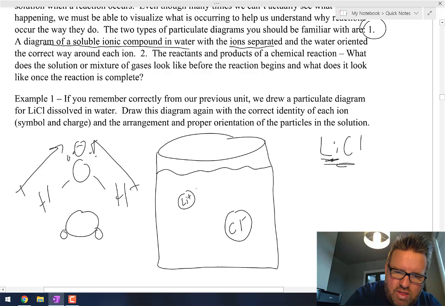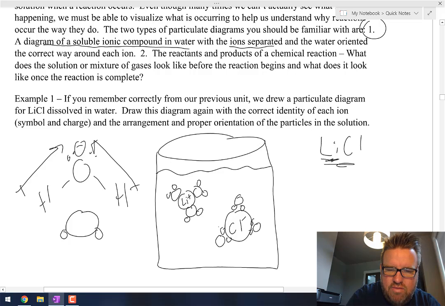So when you draw the waters around it, make sure that the oxygens are close to the lithium and the hydrogens aren't. And on the chlorine side, same thing: put the hydrogens closer to the chlorine and make sure the oxygens are away from the chlorines.